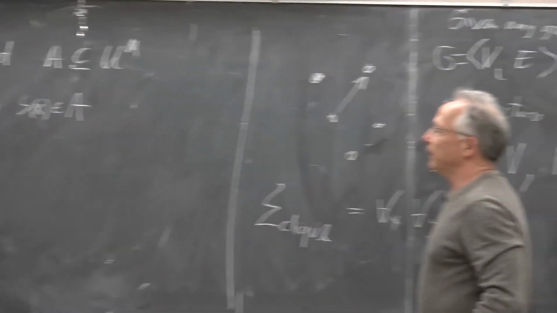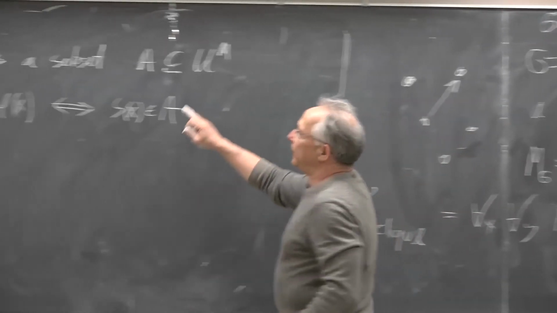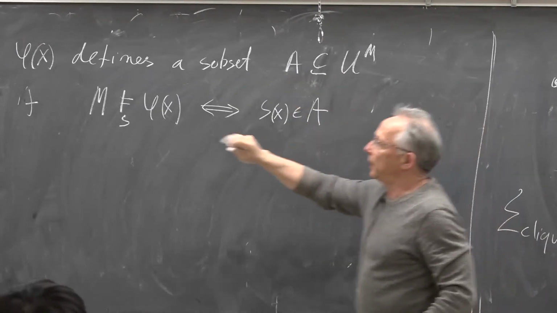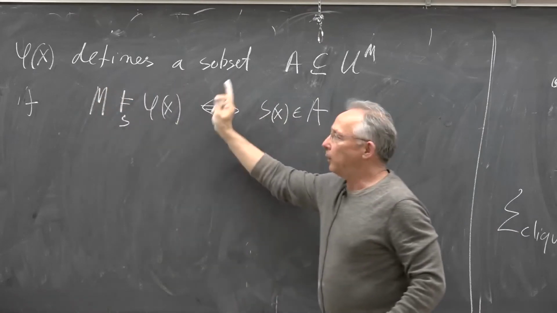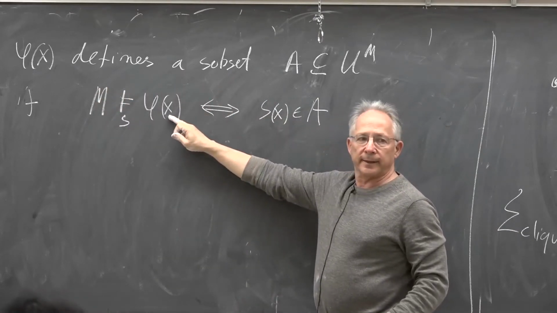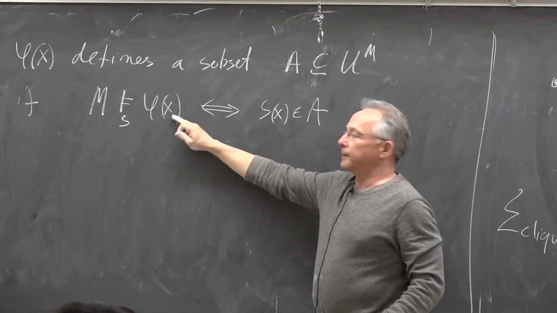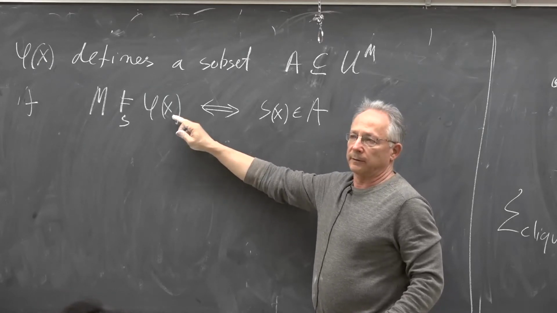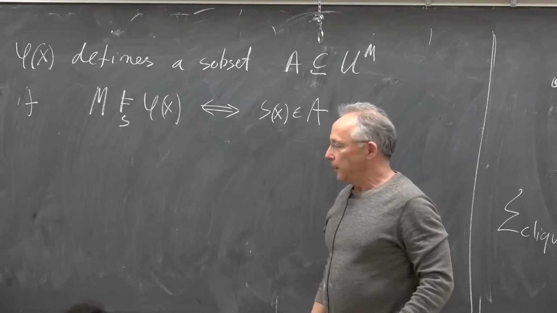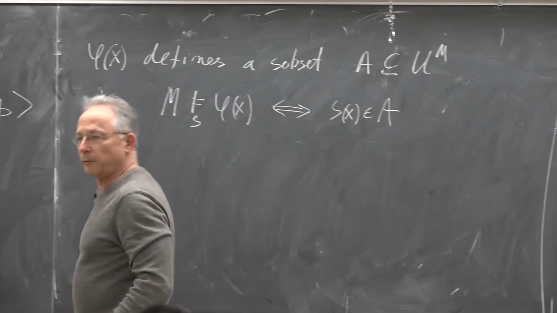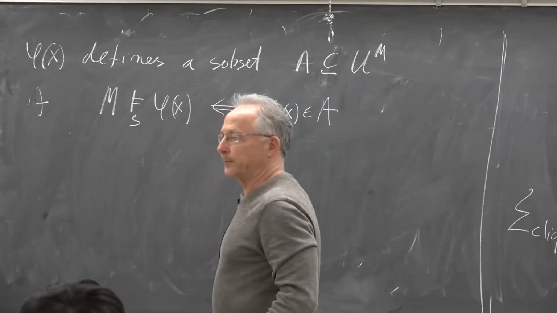Okay, so now I want to say I have a notion of defining within a structure. I want a formula that holds only when S puts here someone from A, and fails when S puts here someone who is not in A. So can you give me now a formula that defines the subset of all even numbers?